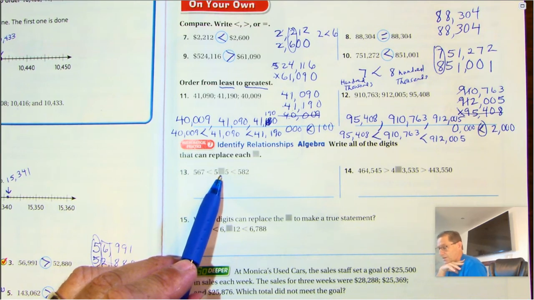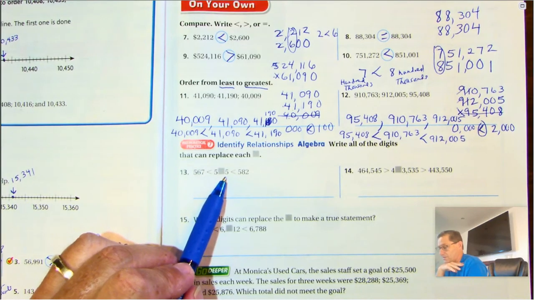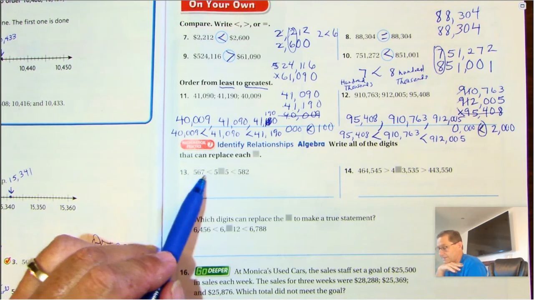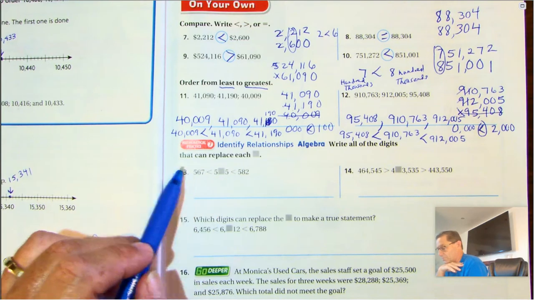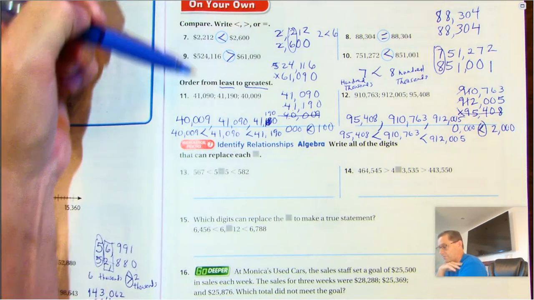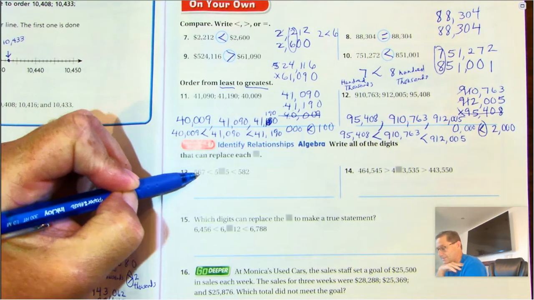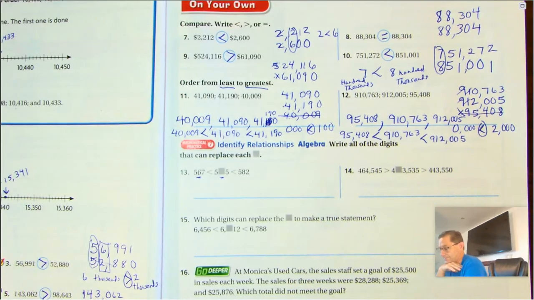All right, for instance, if I put 0 in here, I'd have 505. Well, 567 is not less than 505. Okay, so let's try 1. 567 is not less than 515. So if we apply what we've learned here, we know that this digit in the tens place has to be less than that place.